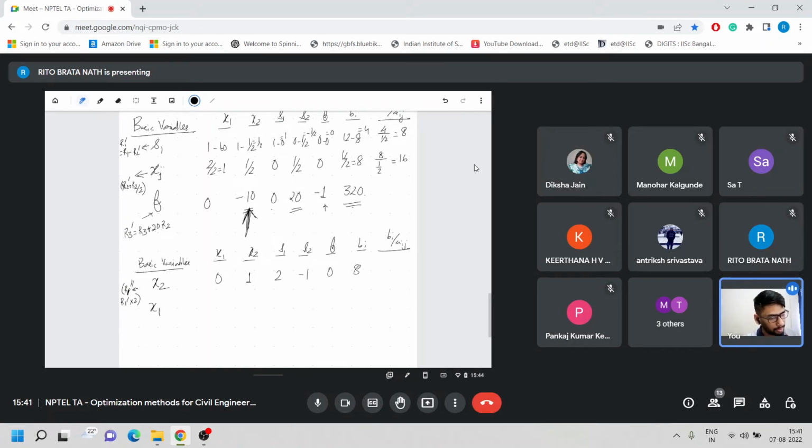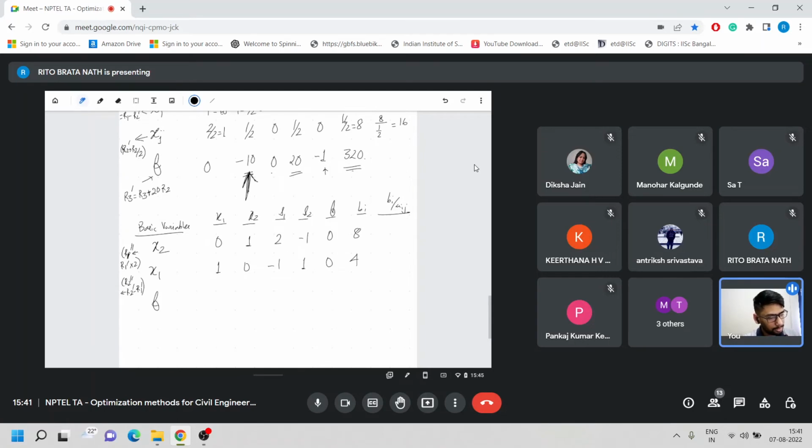And for the next one, you can just subtract: R2 double prime is R2 prime minus R1 prime. So what you will get is 1, 0, minus 1, 1, 0, this will probably be 4, something like this.